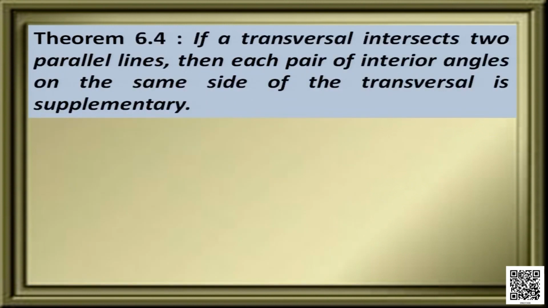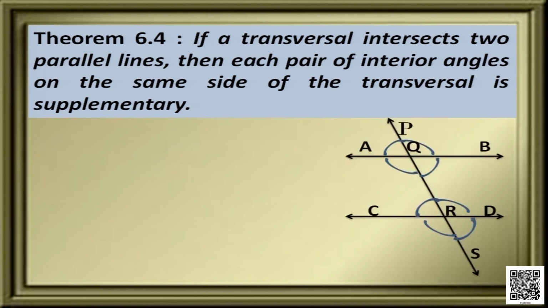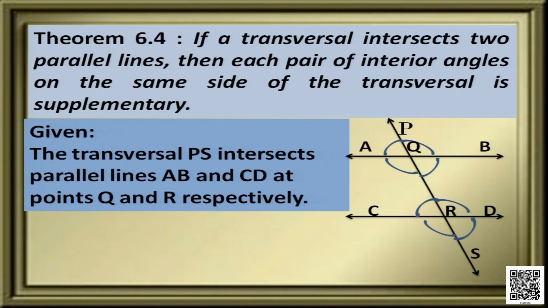In this theorem, this states that if a transversal intersects two parallel lines, then each pair of interior angles on the same side of the transversal is supplementary. Now, have a look at the figure. Here AB and CD are the two lines and PS is the transversal.